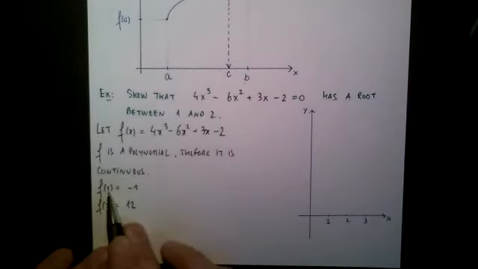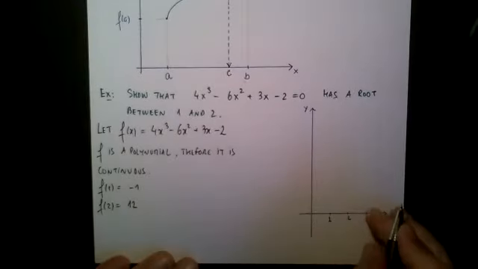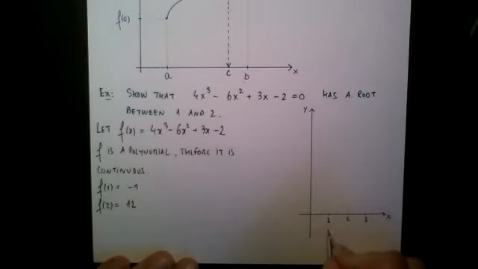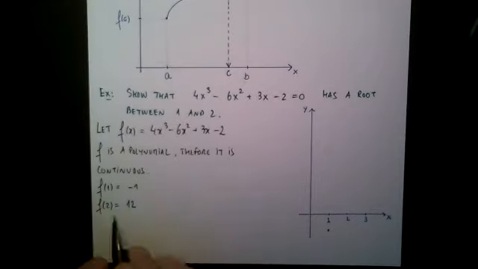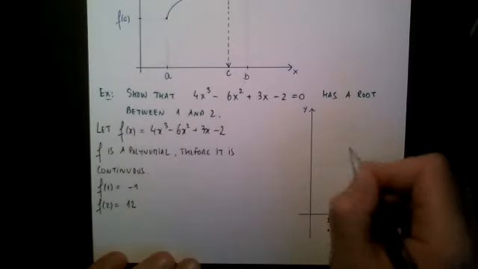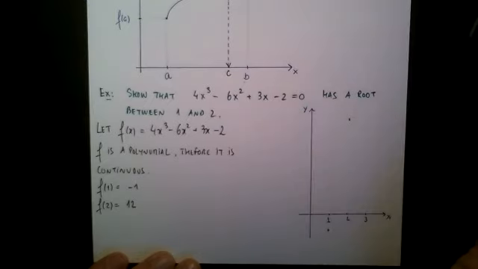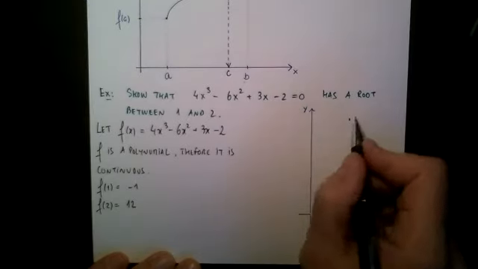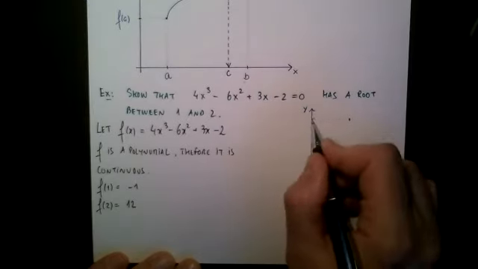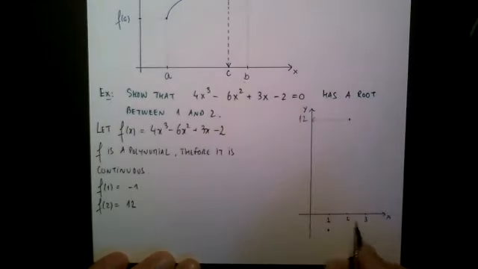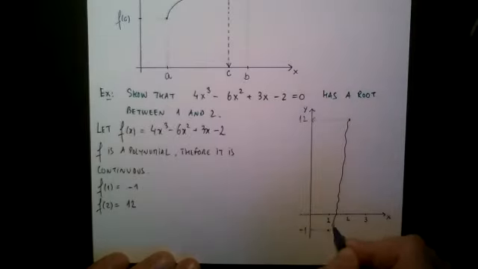I just showed that at 1, the function is worth negative 1, so somewhere here. And at 2, it's worth 12, somewhere up here. So this is f of 2, 12, and at 1, this is f of 1, negative 1. You with me? And my function goes somewhere here, I don't know what it's like, let's see.